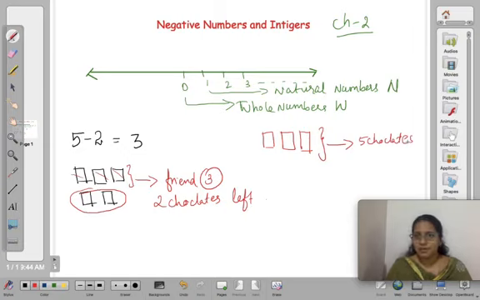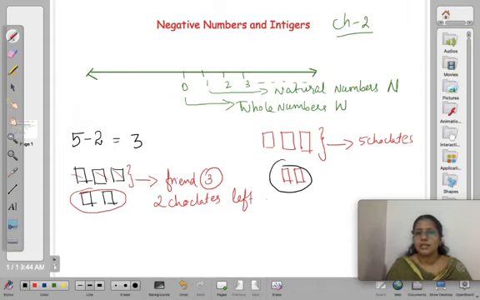Is it possible? No. You have only 3 chocolates with you, and it is not possible to give 5 chocolates. So in that case you are less by 2 chocolates. Only 3 chocolates you have, but you have to give 5 chocolates, means you are less by 2 chocolates.